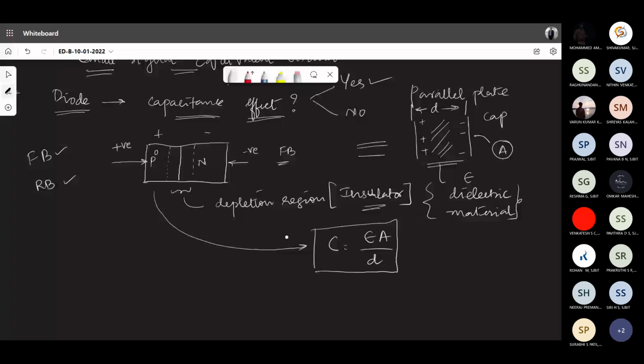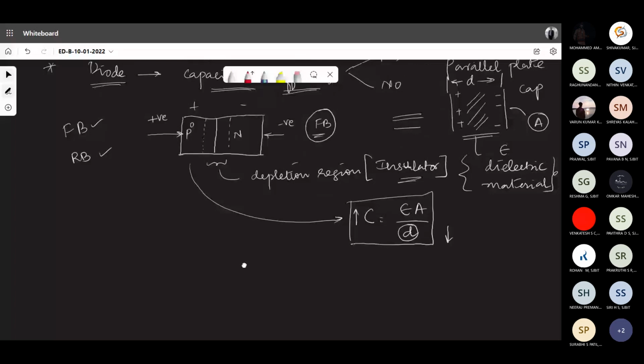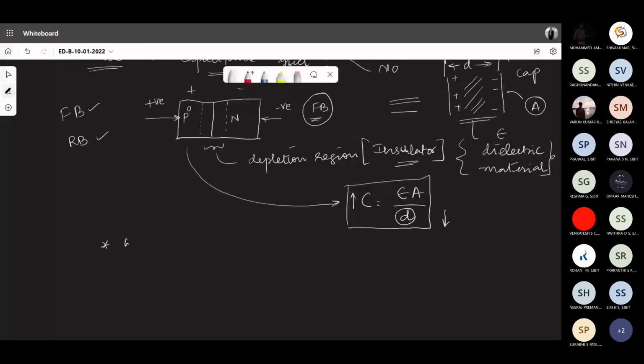Now the question here is, if you have forward biased it, the depletion width has come down. Correct? The depletion width has come down, which makes the capacitance value increase. So whatever capacitance effect we see in the diode which is forward biased, it is termed as diffusion capacitance.